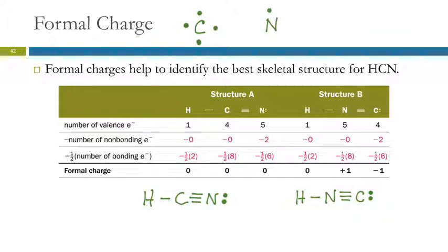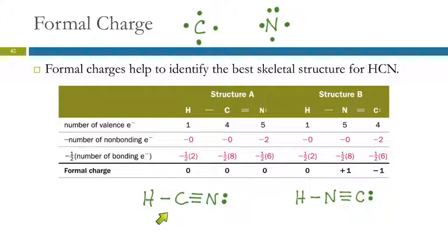Nitrogen, 5 valence electrons. How many bonds? 3. If carbon has 4 bonds, it's going to have a 0 formal charge. If nitrogen has 3 bonds, it's going to have a 0 formal charge.